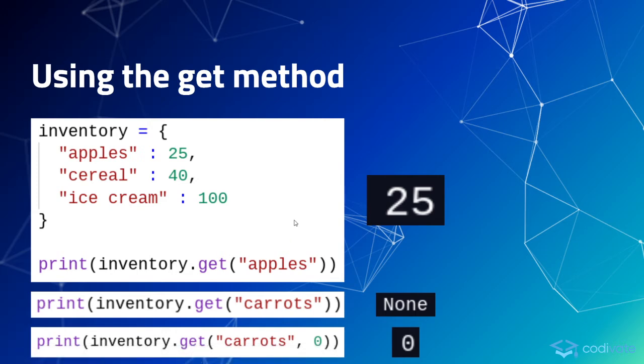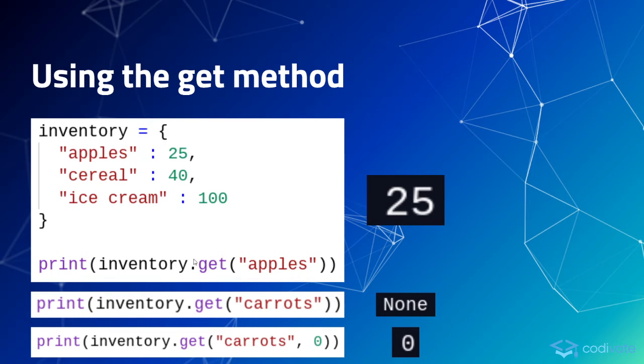For example, let's say we already had a key value pair that had carrots as the key and 35 as the value. Then this would just give us 35 because it found it. However, if it didn't find it, then it would go to the option of giving it a default value. So what this does in our case here is it creates a new key called carrots and assigns it a value of 0.